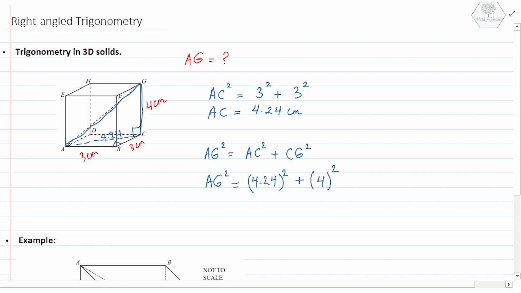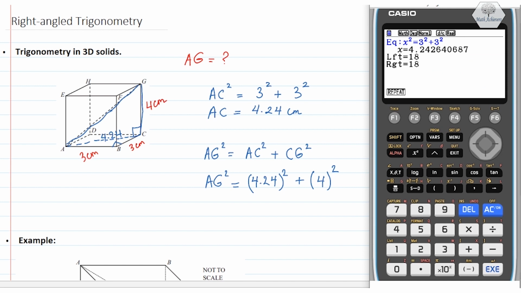Now, to find AG, I also use my graphical display calculator. I go to the solver also, but let's clear it. Now I have AG squared, which is x squared, is equal to 4.24, all of it squared, plus 4 squared.